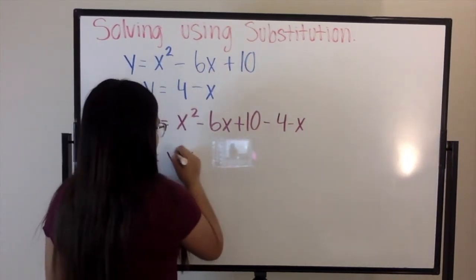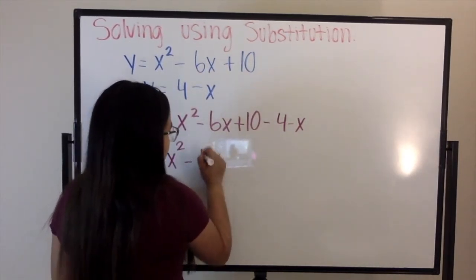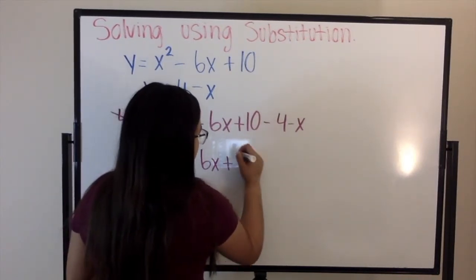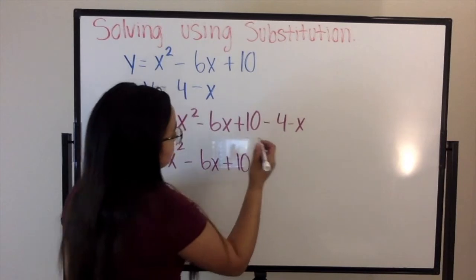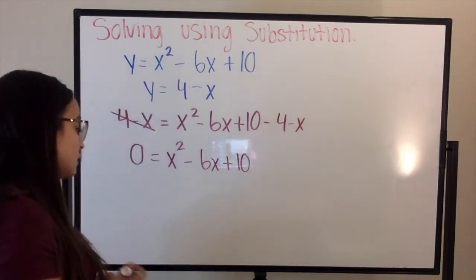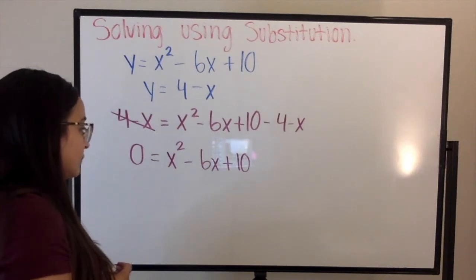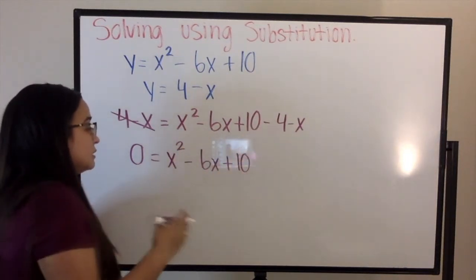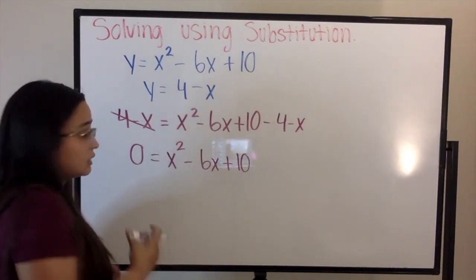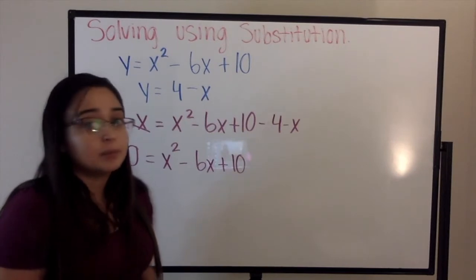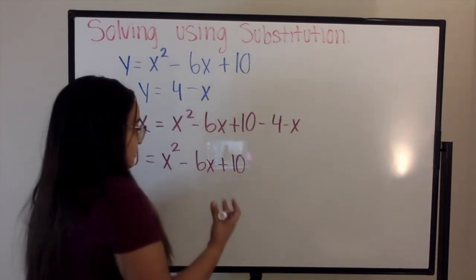We are left with x squared minus 6x plus 10 minus 4 minus x. Okay. Now, when we work that out, it is going to give us a new equation, but it's going to look a little different.